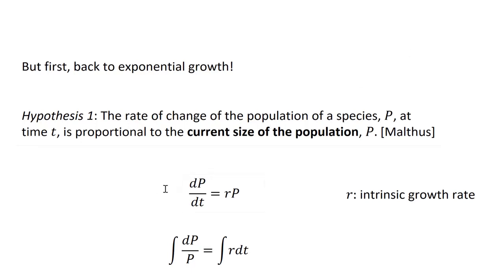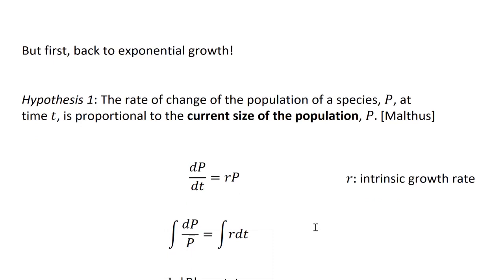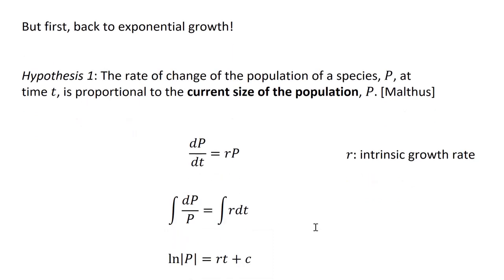And from that we have the equation dP/dt equals rP, where r is the intrinsic growth rate. Now this is a differential equation, so we can solve it by separating, moving the P over to the left-hand side, and then taking the integral. So we take the integral of dP over P is equal to the integral of r dt. That gives us that the natural log of P is equal to rt plus C, where C is some constant of integration.